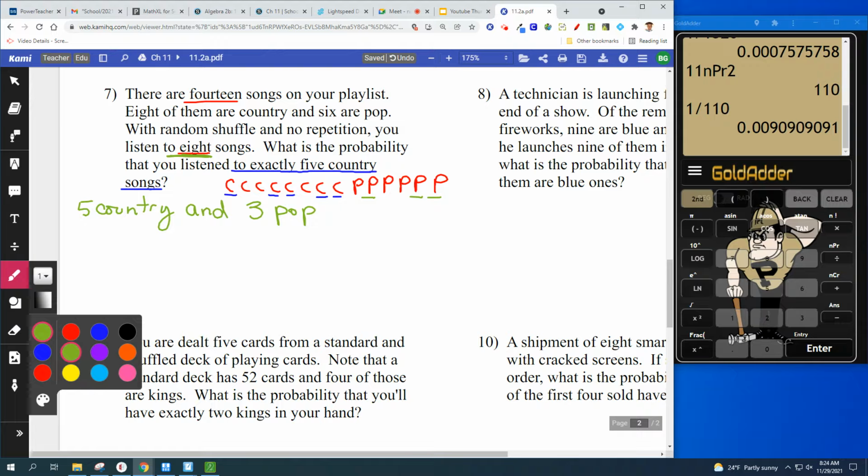All right. So the numerator is talking about 5 countries and 3 pop songs. But it's 5 countries out of the 8 countries. And order doesn't matter. That is going to be a combination. There are 8 country songs, and we're going to pick 5 of them.